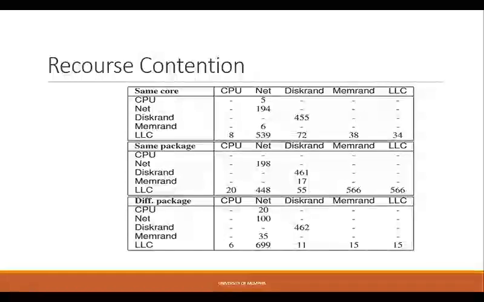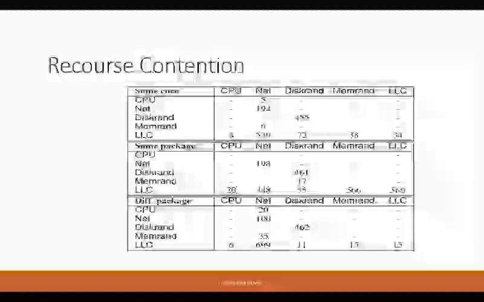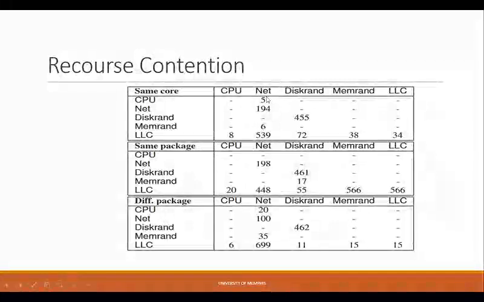For example, here, say we have our virtual machine that happens to be CPU intensive. Here they are studying the effect of coexisting with a machine that is also CPU intensive, and again the effect of having the victim virtual machine or the co-resident machine intensively using the network, and so on and so forth.